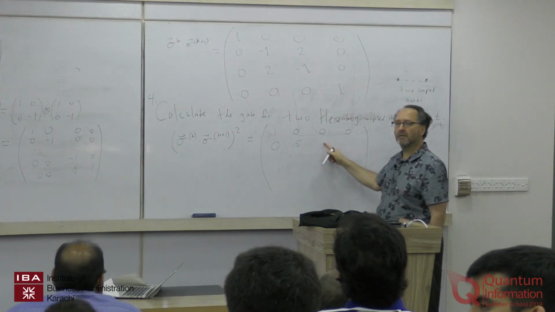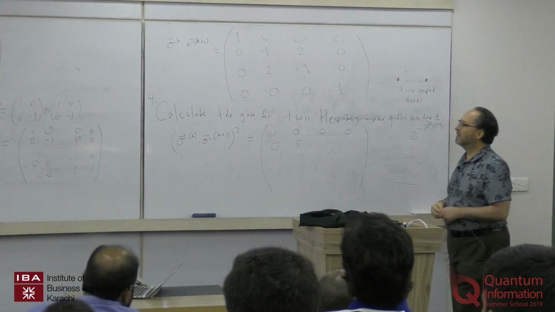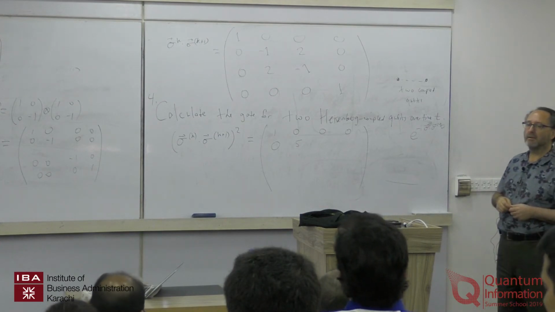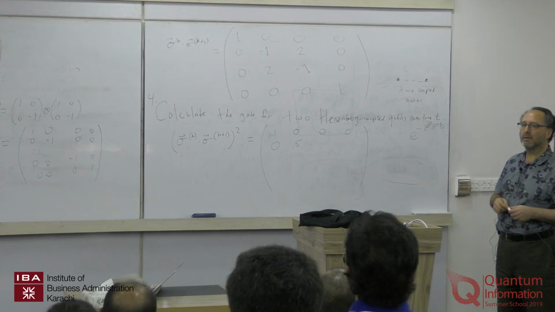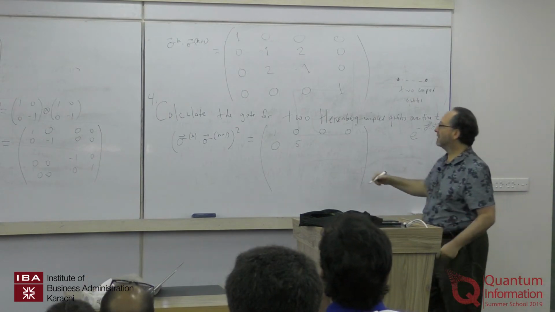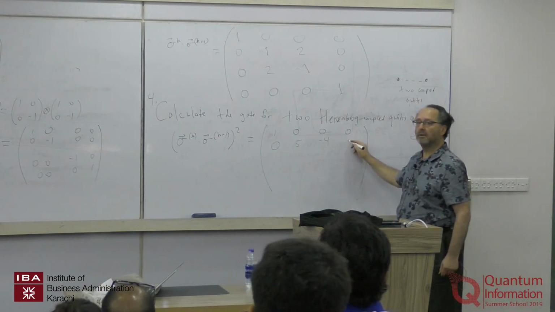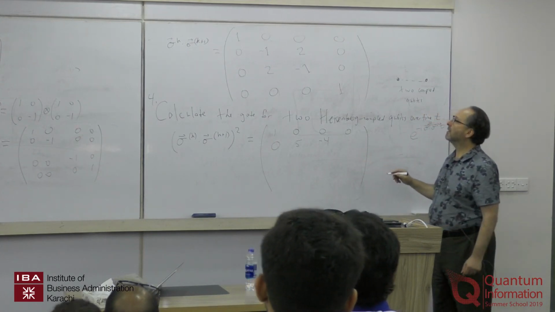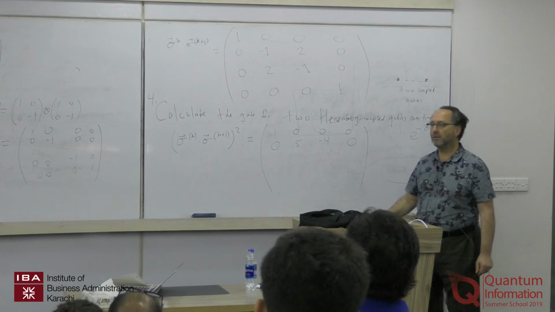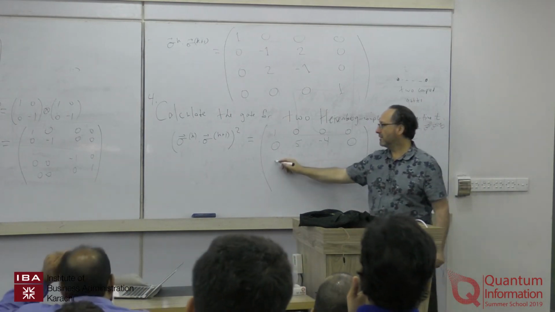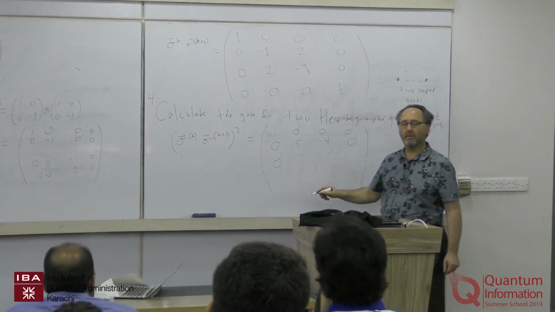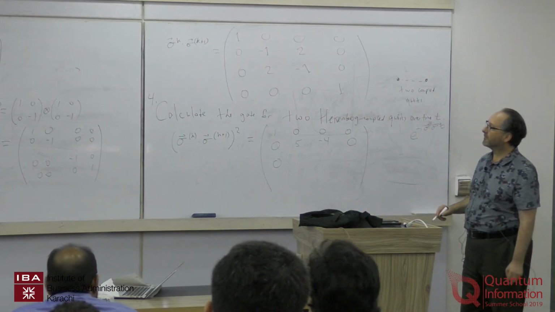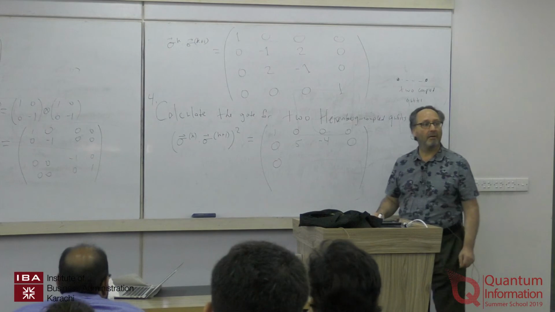Next? Minus 4? Okay, next row? 0? Minus what?